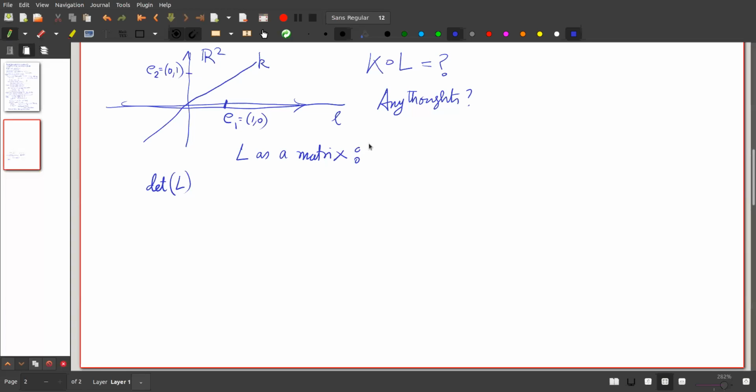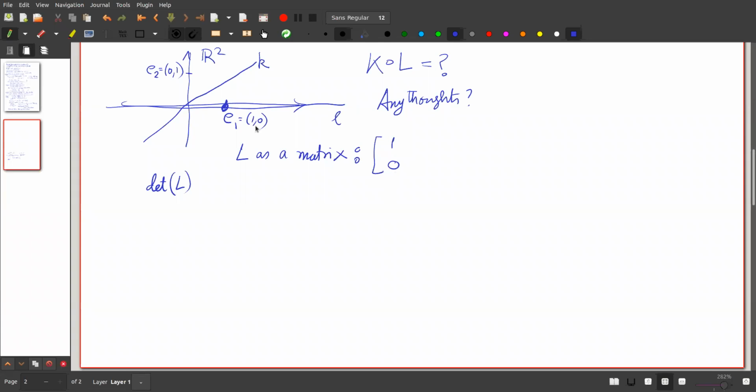And how do I write this matrix? Where does 1 comma 0 go once I reflect in the x-axis? What is the image of E1, this point, when I reflect it in the x-axis? Same thing. So what should I write as the first column? 1, 0. Very good.